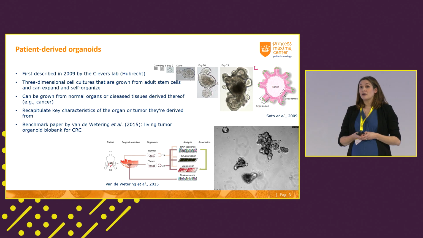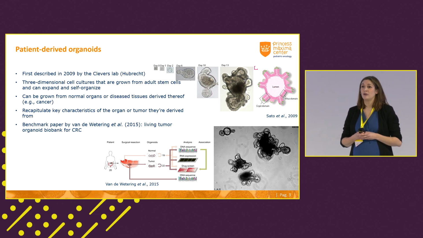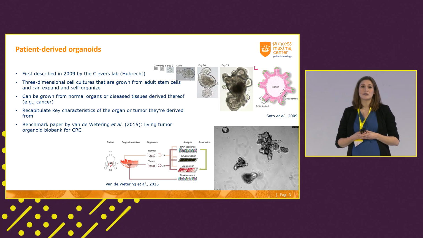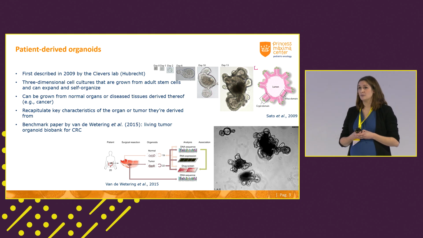First, a little bit of background about organoids. Being from the Clevers lab, I, of course, talk mainly about patient-derived organoids. And these type of organoids were first described in 2009 by the Clevers lab.